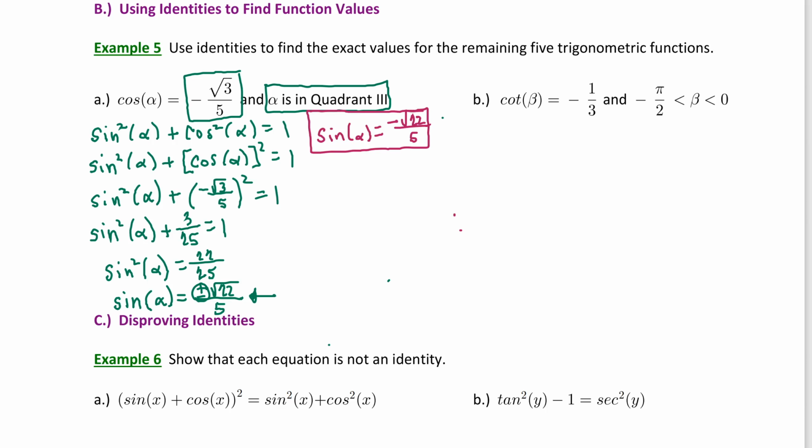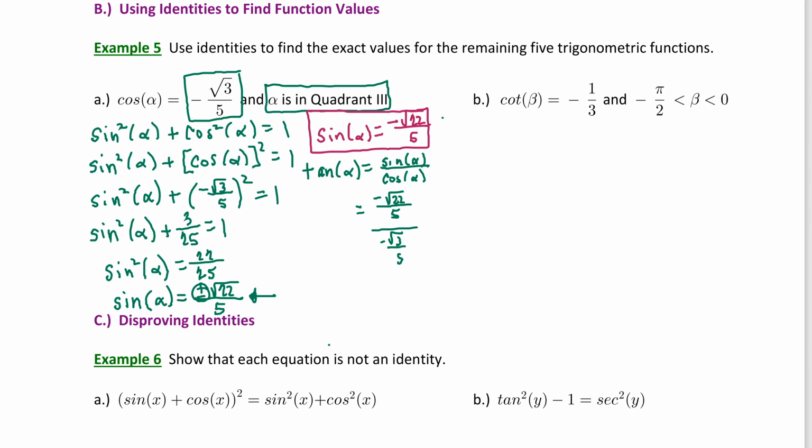Let's work on tangent next. We know that tangent of alpha is equal to sine of alpha over cosine of alpha. So to determine the value of tangent of alpha, I'm going to replace sine of alpha with its value, negative square root of 22 over 5. And we'll replace cosine of alpha with its value, negative square root of 3 over 5.